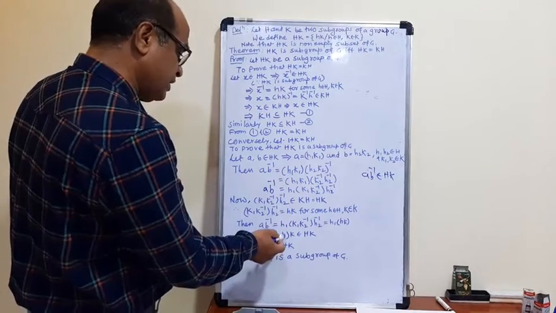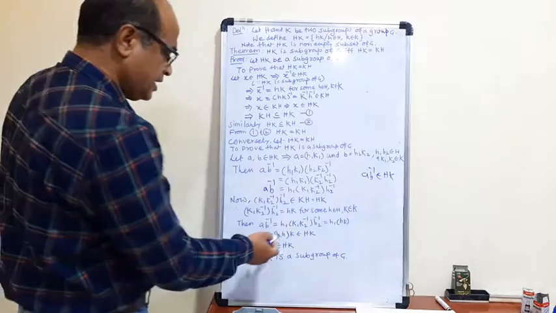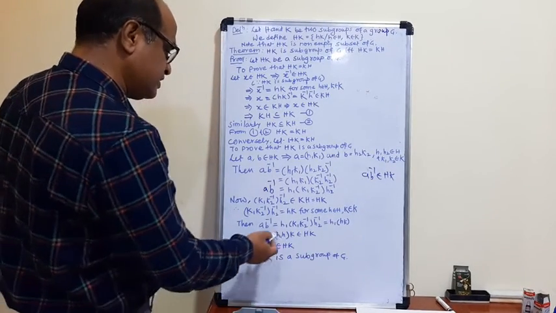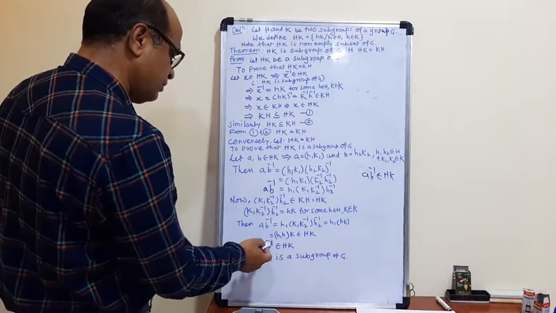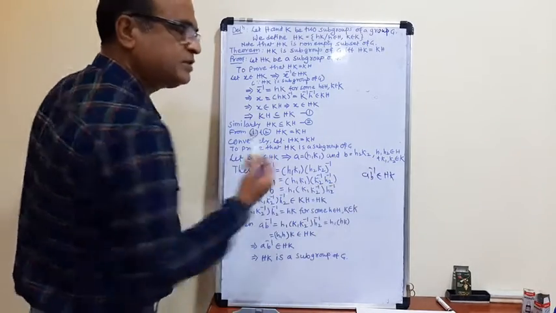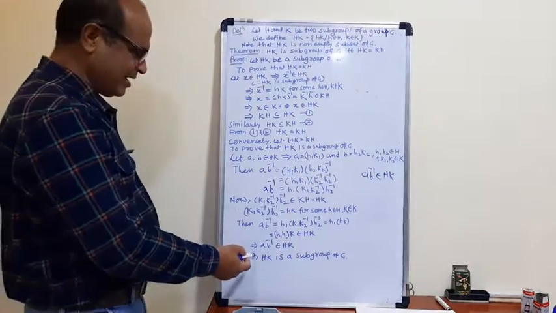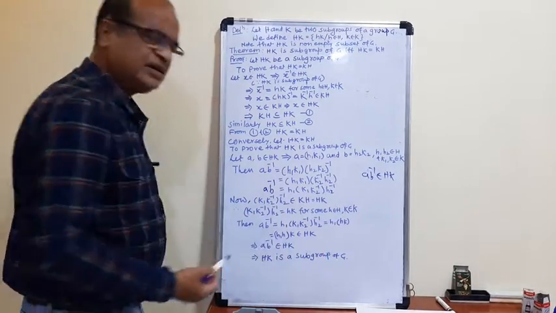But H1 into h belongs to H, no doubt, by the closure property, and k belongs to K. So this implies that AB inverse belongs to HK. So by definition, HK is a subgroup of G.